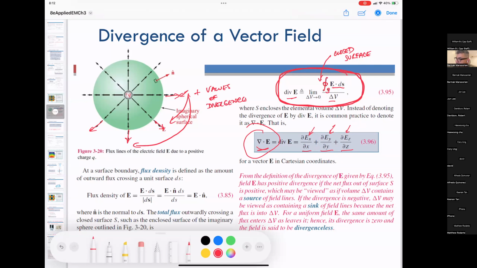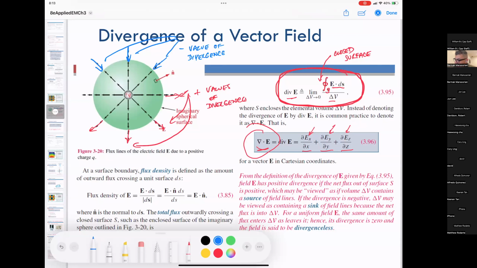And if you get a negative value of divergence, that means the vector field is pointing inside. So a negative value of divergence is if the vector field lines are pointing inside. Okay, so that's the definition of divergence.